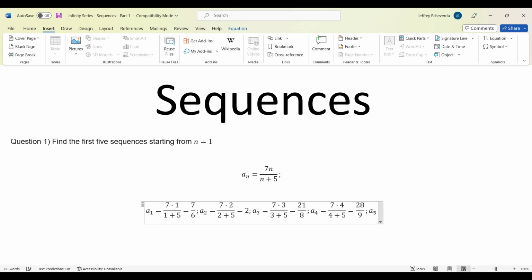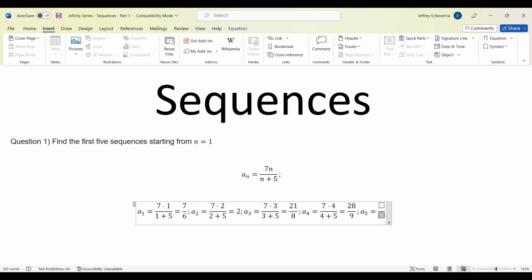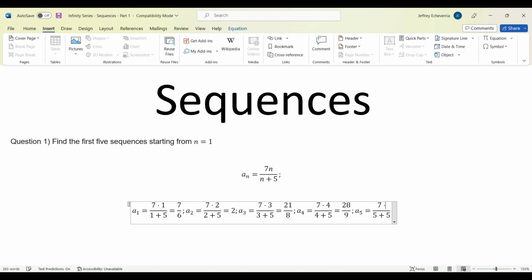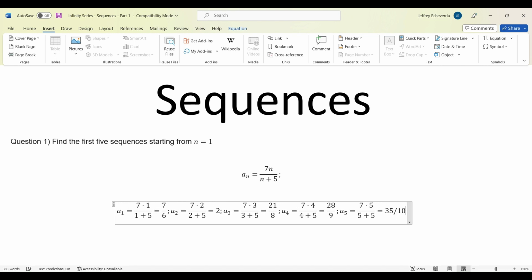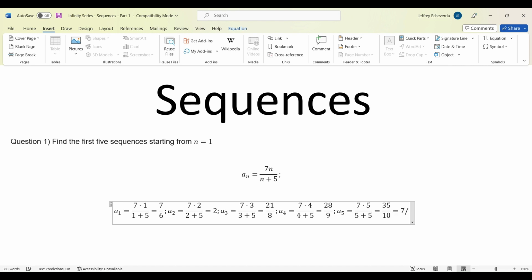Finally, a sub 5 will be 5 plus 5 for the denominator and 7 times 5 for the numerator, which gives us 35 over 10. But we can simplify by dividing by 5 on the numerator and the denominator, which gives us 7 over 2.